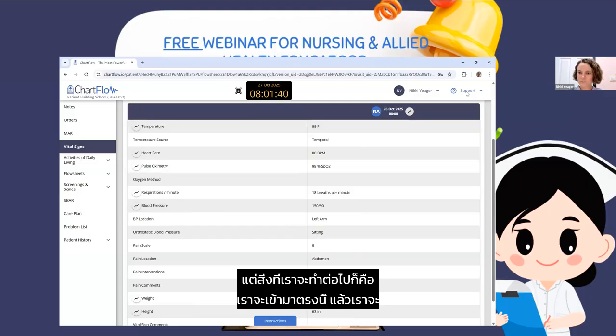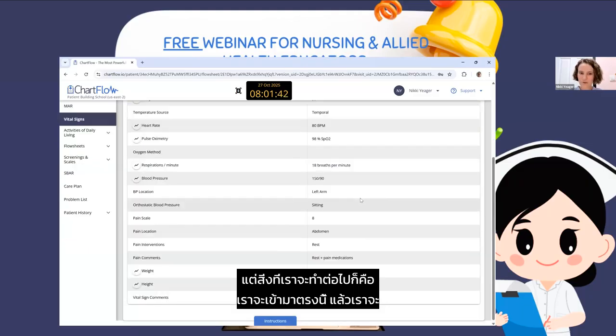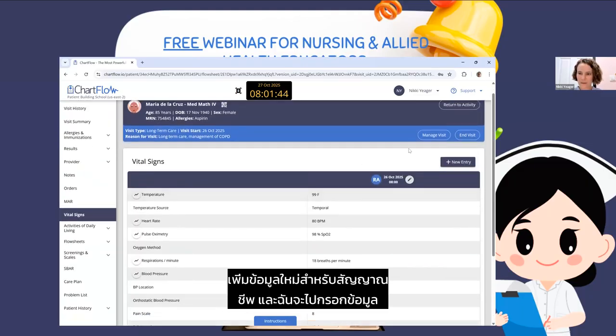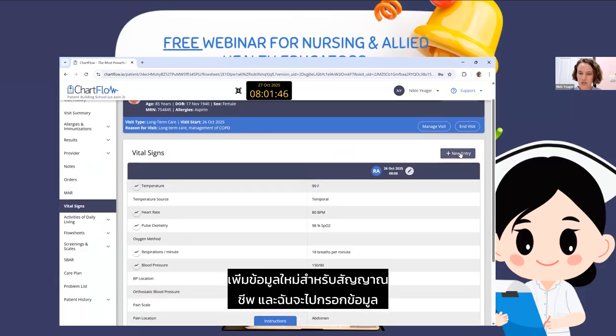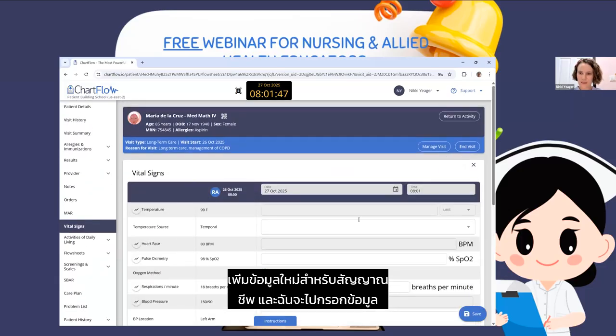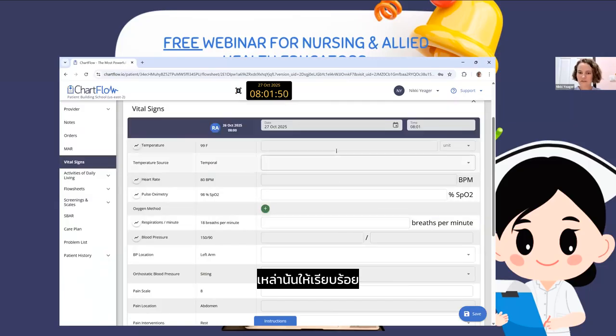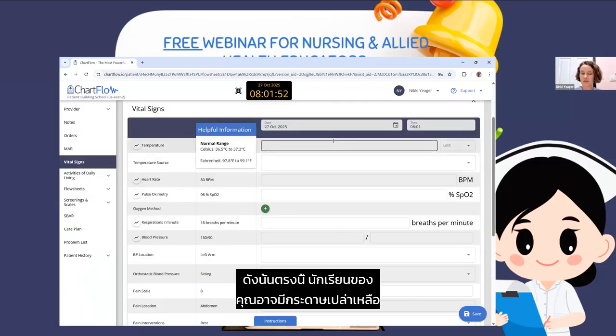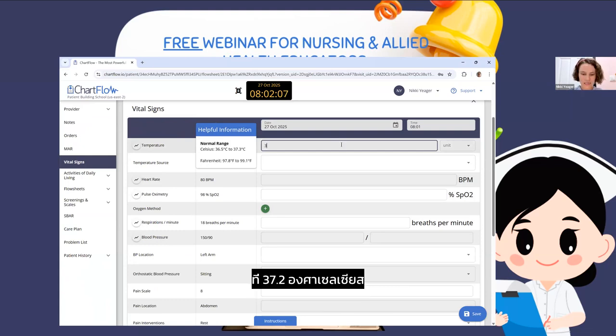So what we're going to do is come in here and put a new entry in for our vital signs. And I'm just going to go down and fill them out. This is where your students might have an extra sheet of paper where they can do this. It's up to you if they're allowed to use calculators or not. They'll use their calculations to figure out that this is going to be 37.2 Celsius.